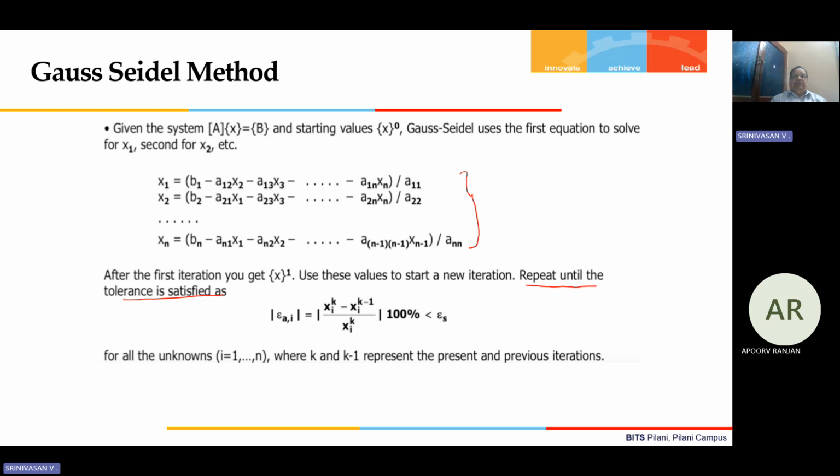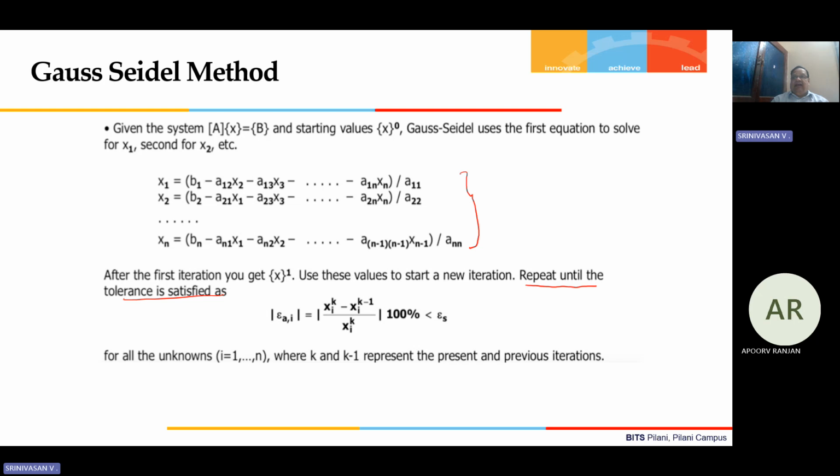After the first iteration, you get x superfix 1, use these values to start a new iteration, and so on. Repeat until the tolerance is satisfied. Here the tolerance is nothing but the condition. What is the condition? Don't bother about the notations, modulus epsilon a comma i, etc. Just look at the right hand side.